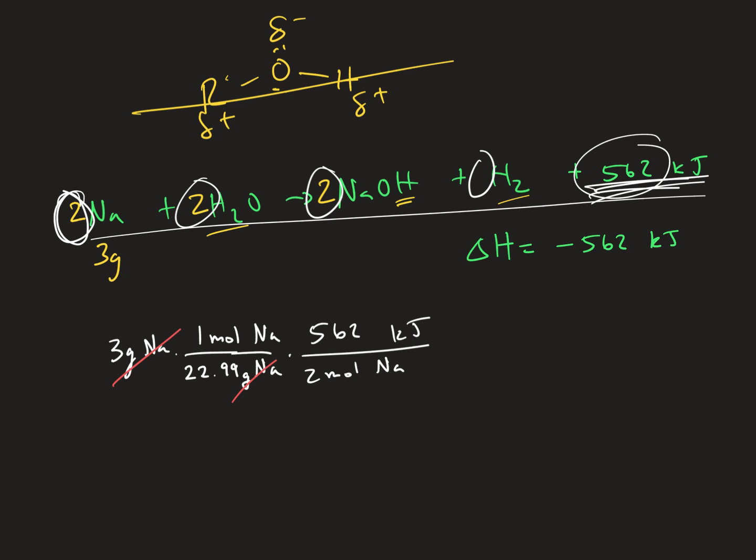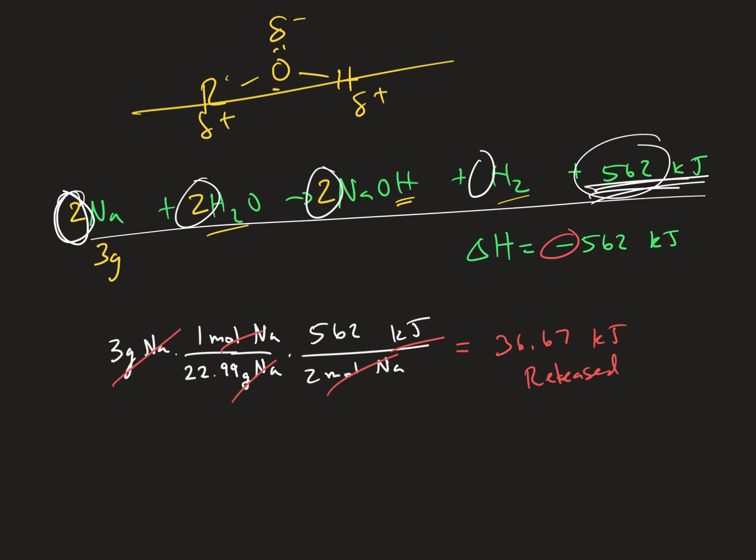And so we can see that moles cancel out and we're left with kilojoules of heat. Is it released or absorbed? Released, because it's a negative value, or it's exothermic, right? And whatever the answer is, that's how much heat is released. What is it? 6.67 kilojoules of heat released. Or we can call it negative, right? Either way.